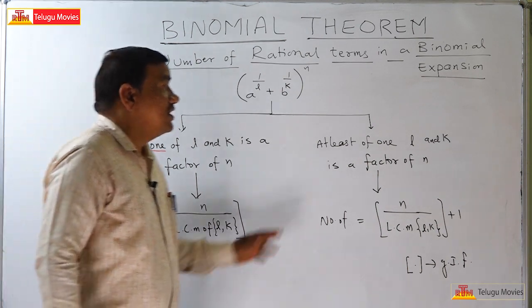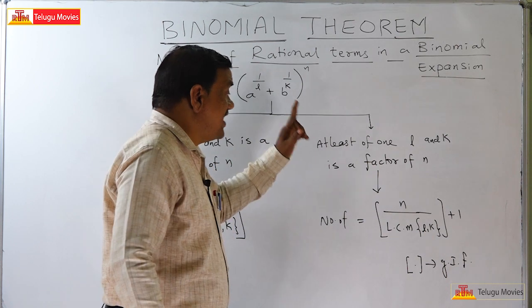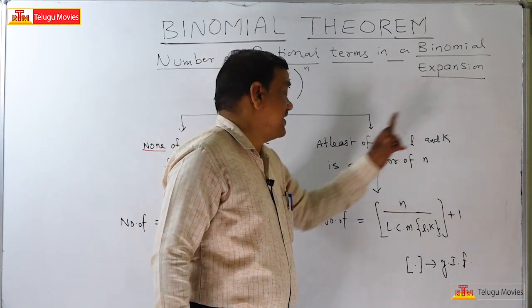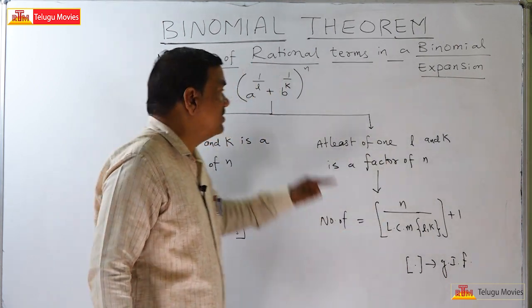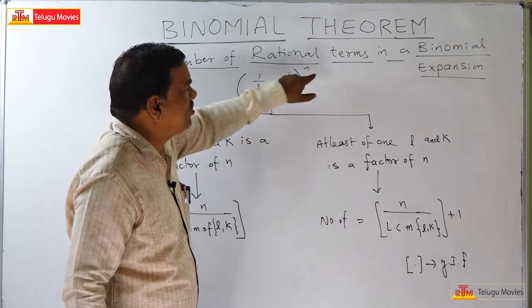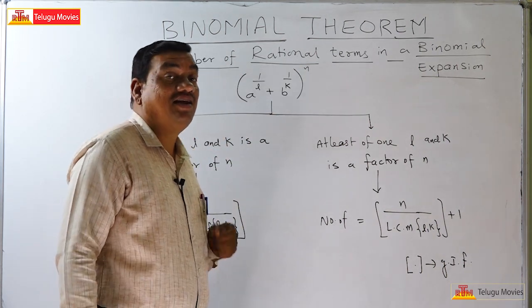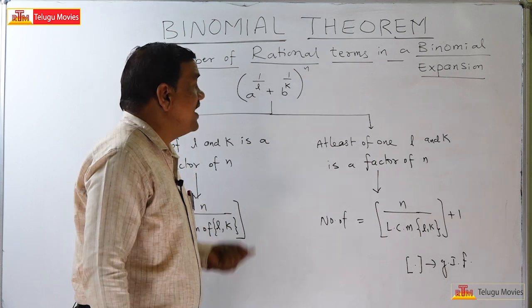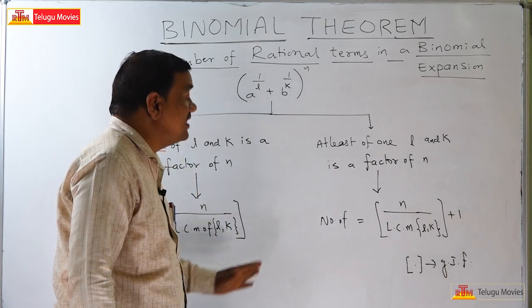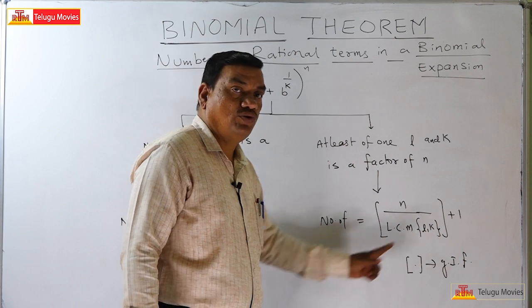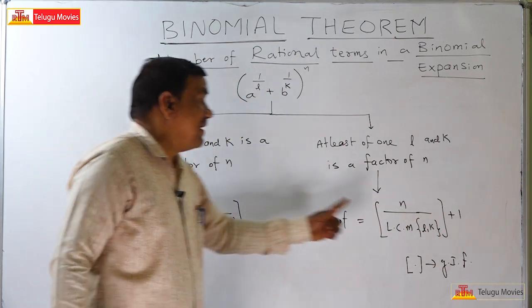Next, the second case arises: at least one of L and k is a factor of n. That means either L is a factor of n or k is a factor of n. Then the number of rational terms is equal to the same answer plus 1.